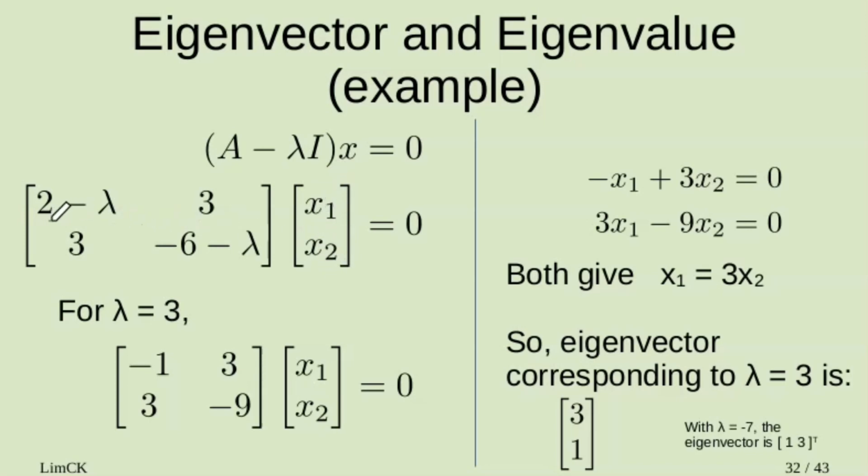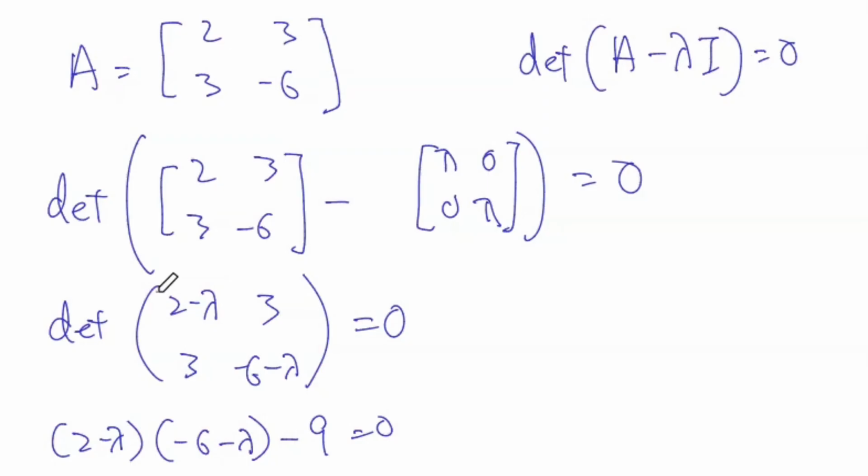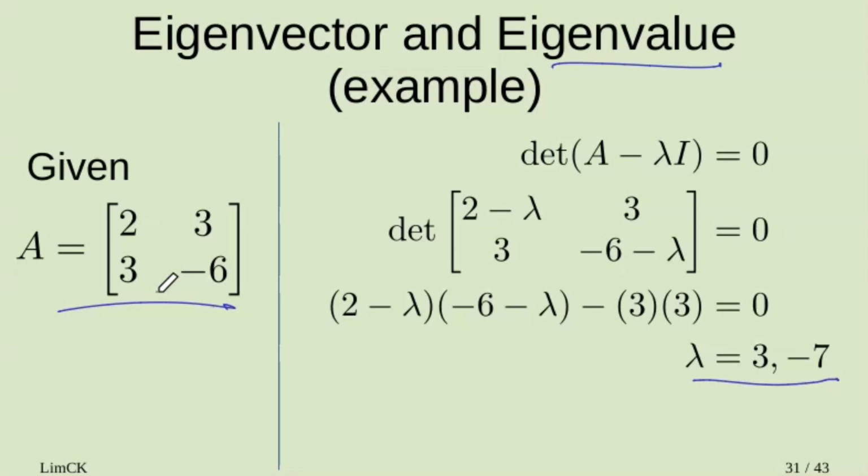We do the matrix multiplication: 2 by 2 times 2 by 1 gives a 2 by 1 vector. We have two values of lambda here, 3 and negative 7.